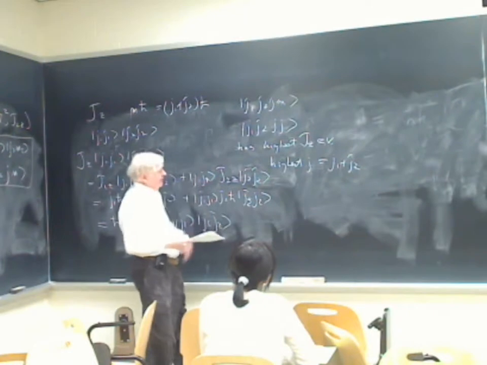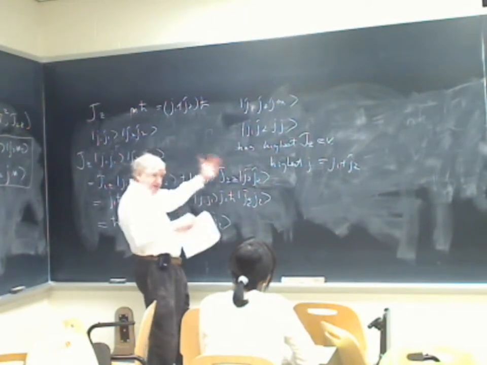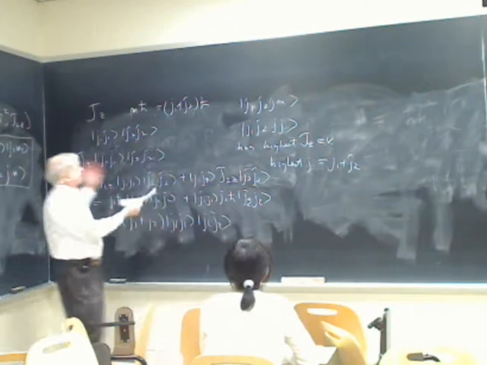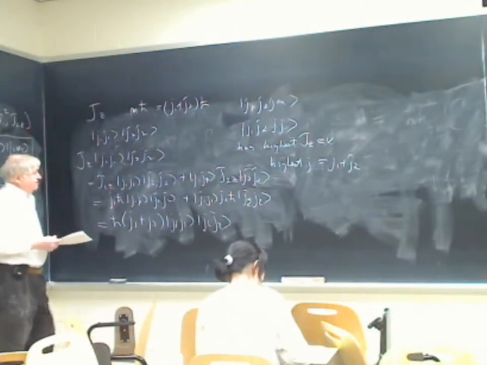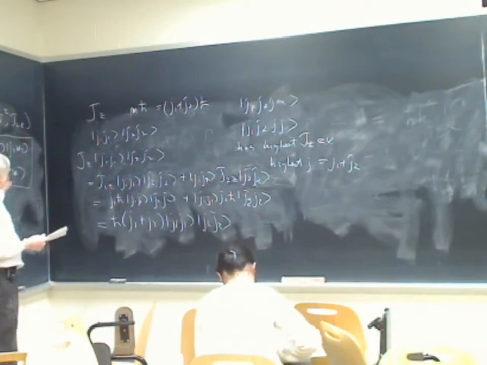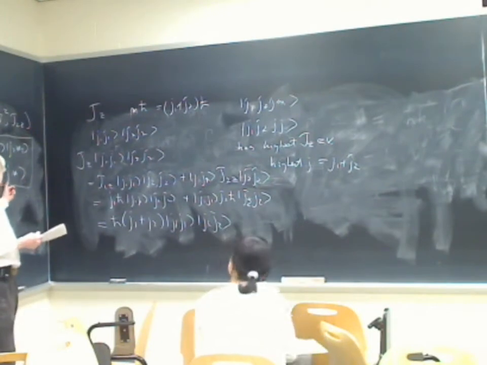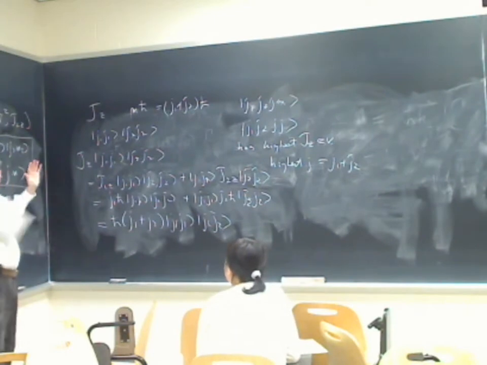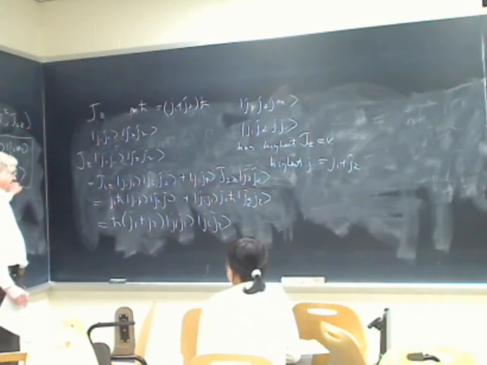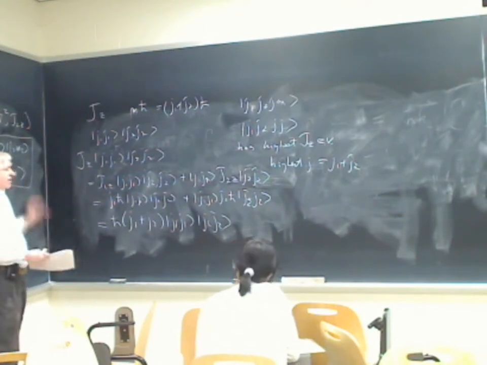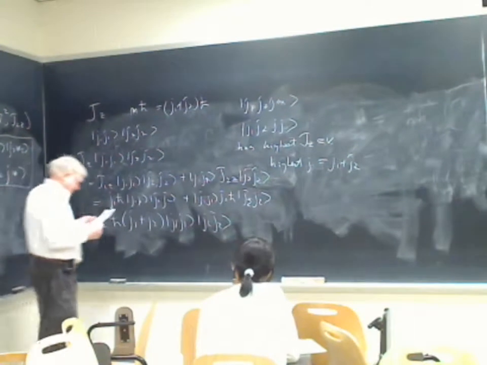Because if there were a higher one, we'd get a value of Jz that would be higher, and that would be a contradiction. J1 and J2, by the way, are completely fixed throughout the whole lecture, for each system. What's going to vary is J and M, and we see the biggest value J can be is J1 plus J2. Question now is, what's the minimum value?